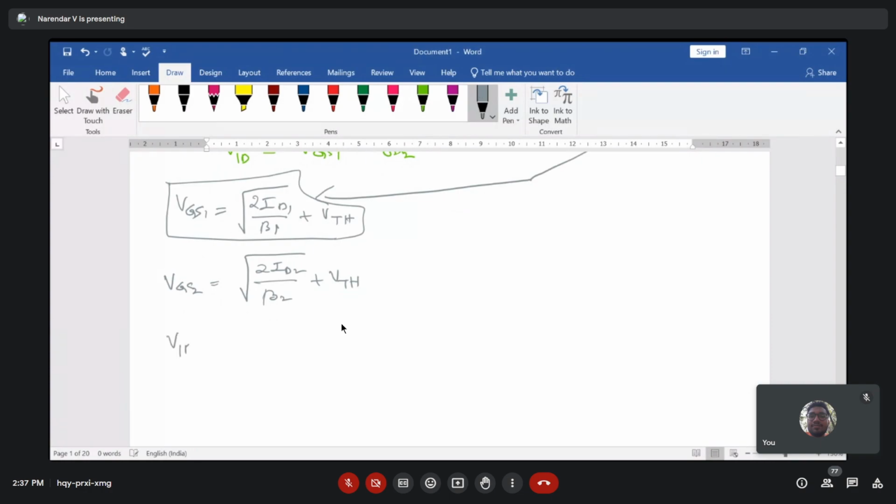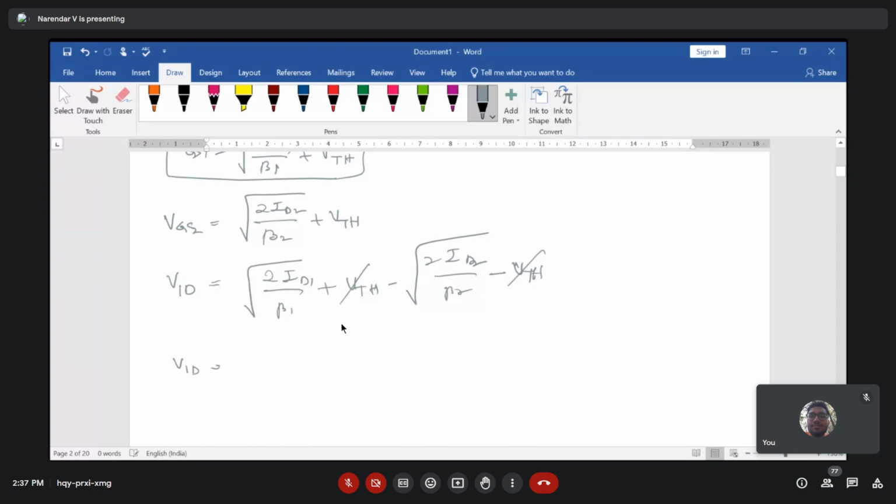So VID is square root of 2 ID1 by beta 1 plus VTH, minus square root of 2 ID2 by beta 2 plus VTH. The VTH terms get cancelled out, and you end up with VID equal to root 2 ID1 by beta 1 minus root 2 ID2 by beta 2.